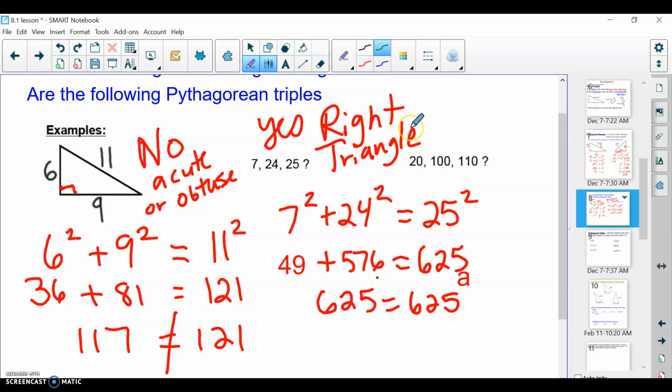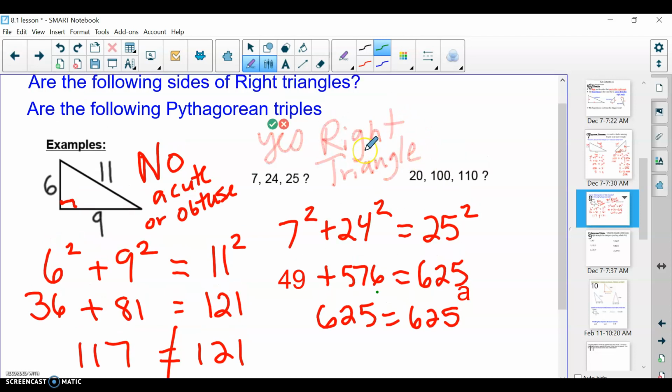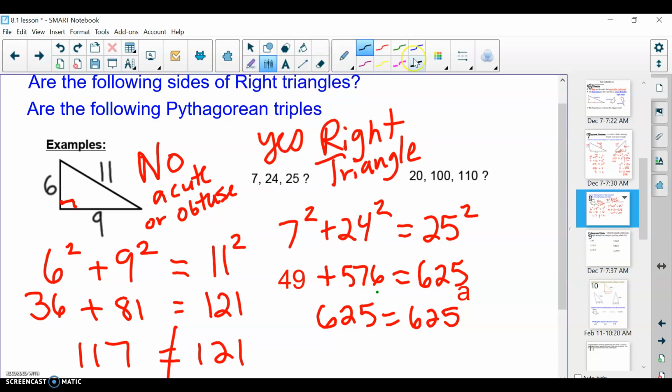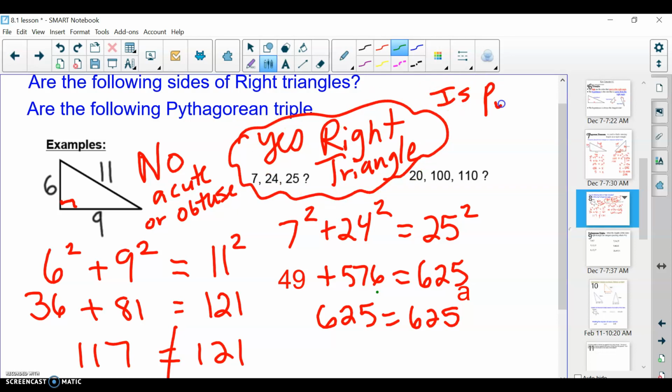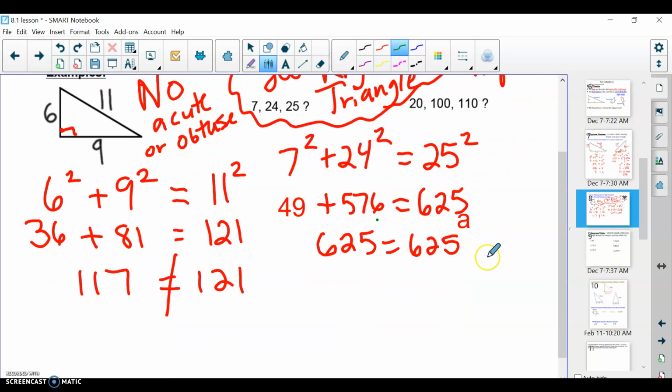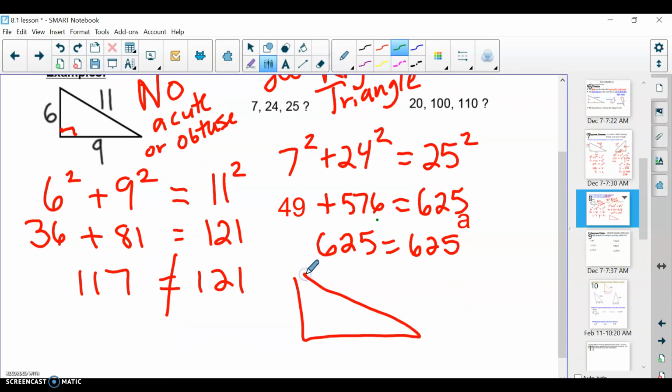Okay, and then the second part of our question said, are they a Pythagorean triple? So, if this works out, then this is a Pythagorean triple too. And what that means is if I have a triangle, okay, so let's say I just have a triangle here like this.